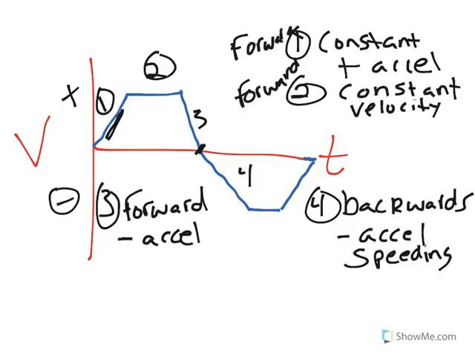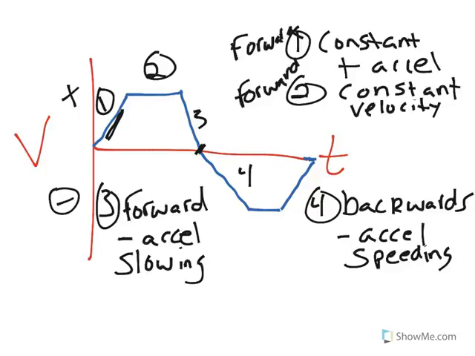Notice how in 3, we had a negative acceleration, but it was going from some velocity down to 0, so this one was slowing down. But here, it starts at 0, and it's going to be increasing its velocity in the negative direction. So backwards. It's going to be increasing its velocity backwards.